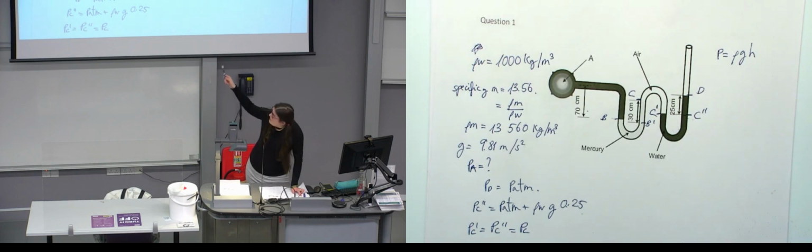So this is why I divided them. And then the density of mercury would be the specific gravity of mercury multiplied by the density of water, which is what I did. Any other questions? No? Okay.